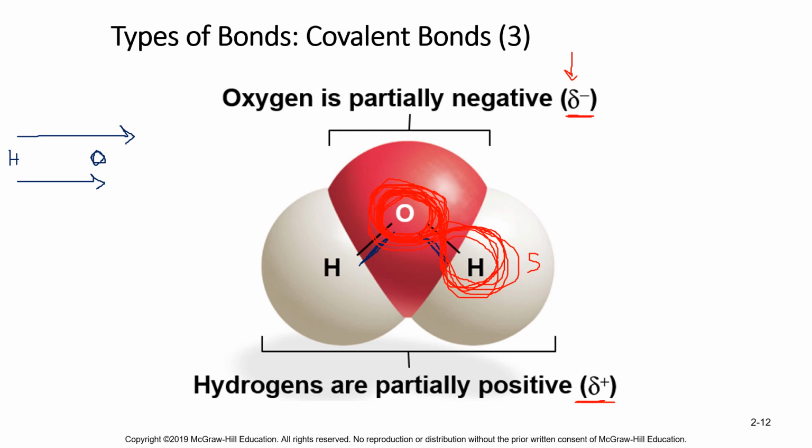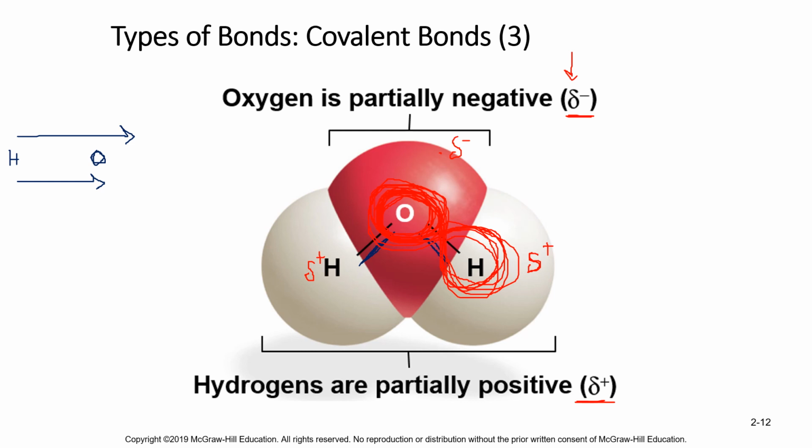So let's do the symbol correctly. There we go. So each hydrogen here is partially positive, and the oxygen is partially negative. And remember, those electrons are negative.